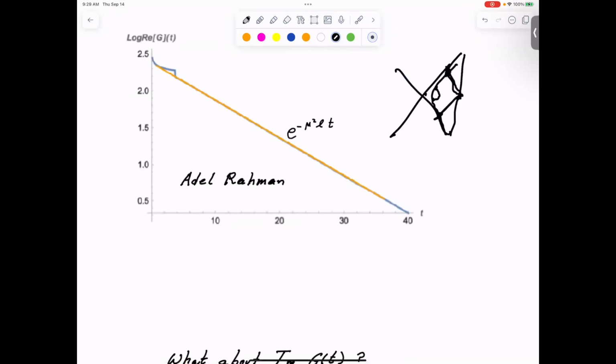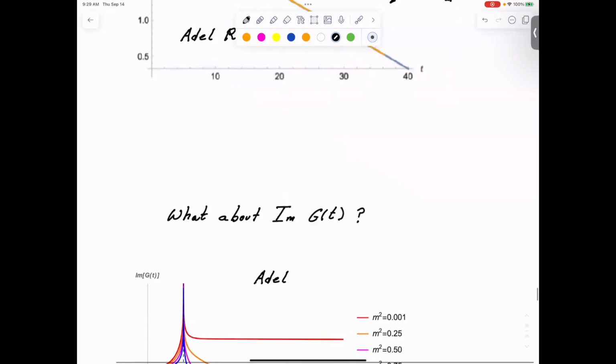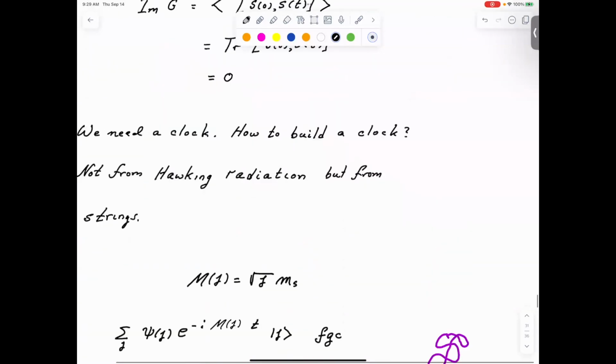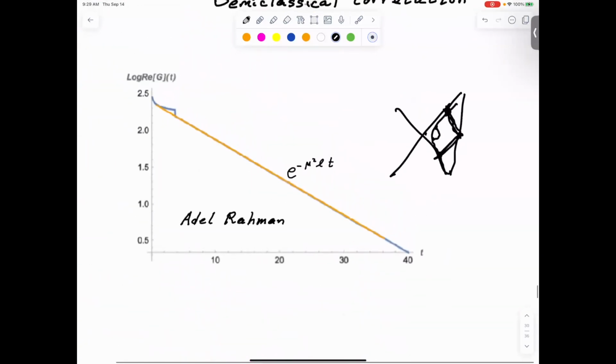The point is that the proper time between here and here goes to zero. Let me draw this a little more carefully.